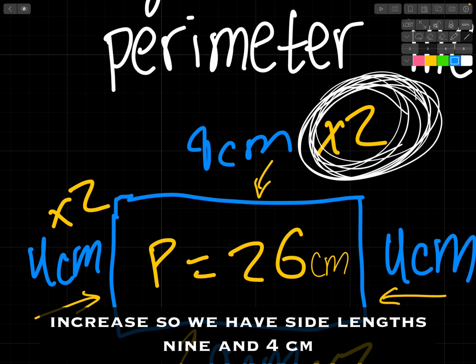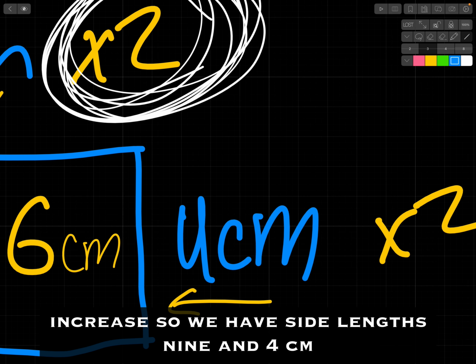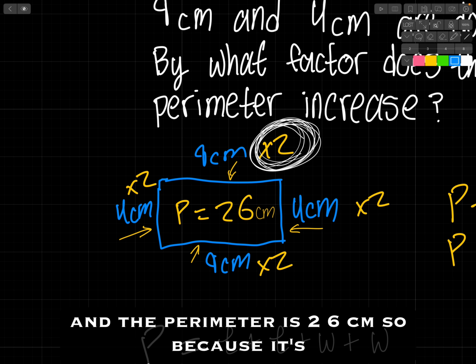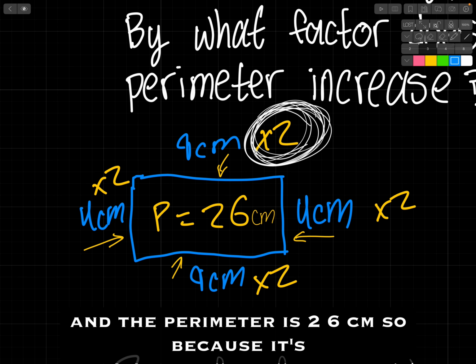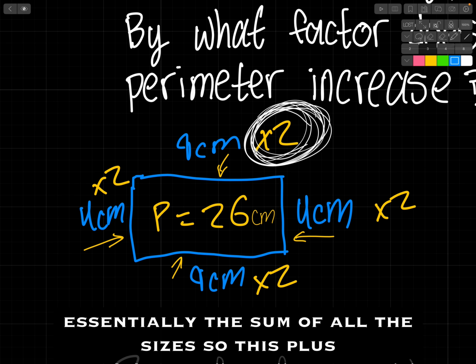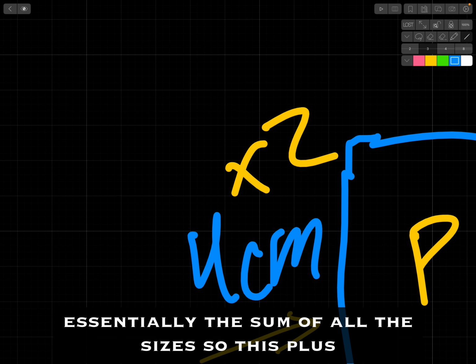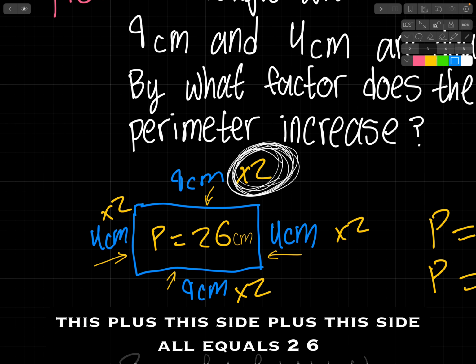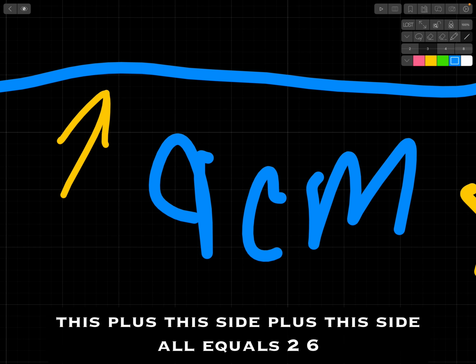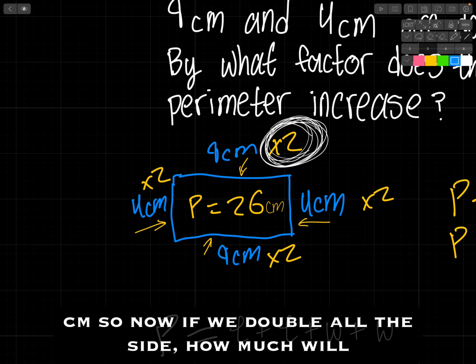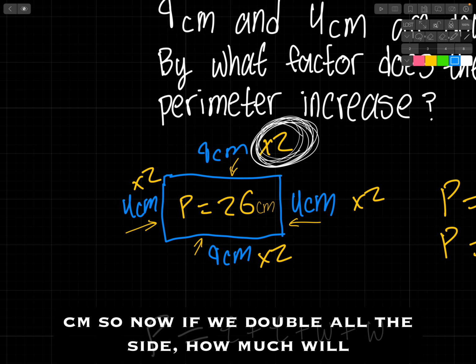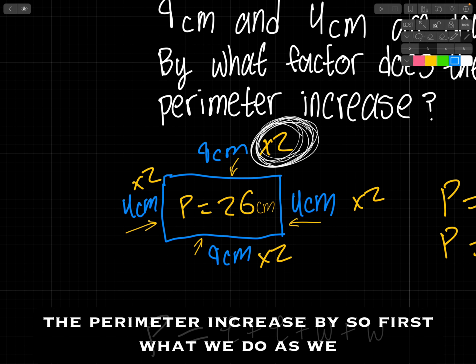So we have side lengths 9 and 4 centimeters, and the perimeter is 26 centimeters, because it's essentially the sum of all the sides. So this plus this side plus this side all equals 26 centimeters. Now if we double all the sides, how much will the perimeter increase by?